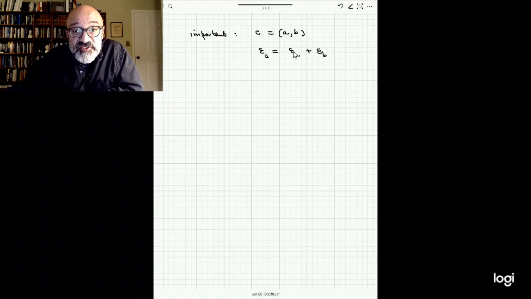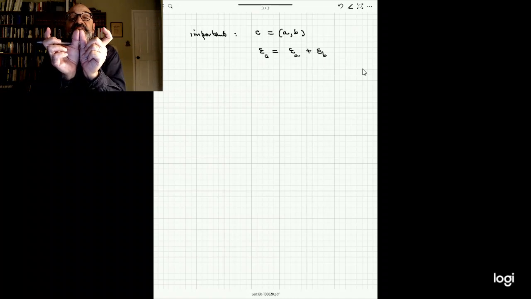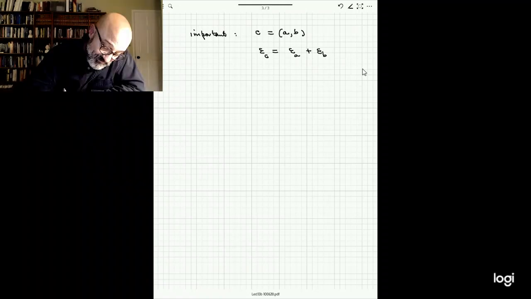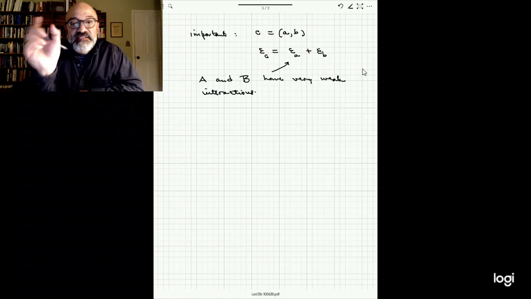There is the energy of A, which only depends on the state of A, and the energy of B, which only depends on the state of B. There is no potential of interaction. So what we are saying here is that when you put system A and system B together, they're going to be essentially non-interacting. A and B have very weak interactions. This is what allows you to separate A and B.